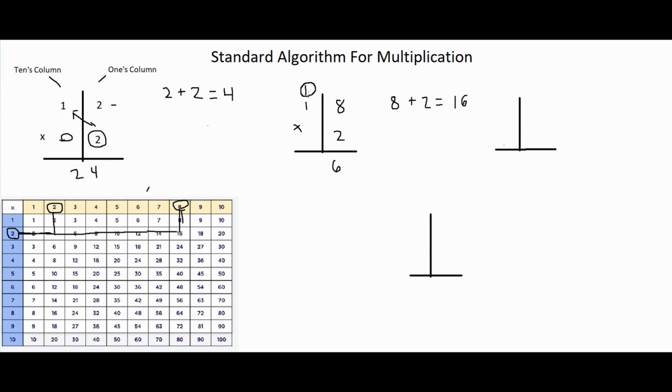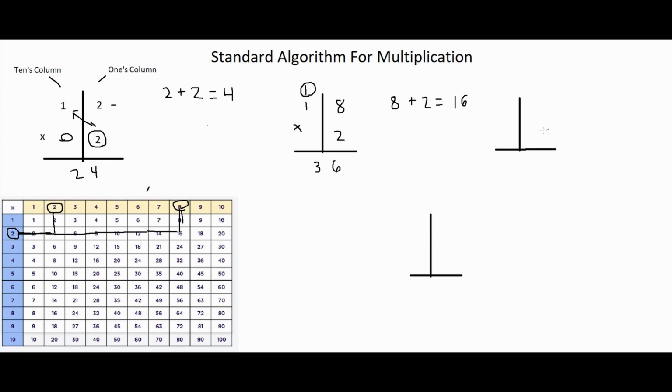Right now there's only a 1, so we do 2 times 1, which is 2, and then we add 1 to 2, so we get 3. So instead of writing 2, we write 3. And then the answer is 36. You can pull out a calculator, or search it up, or even ask your parents. This answer is correct.